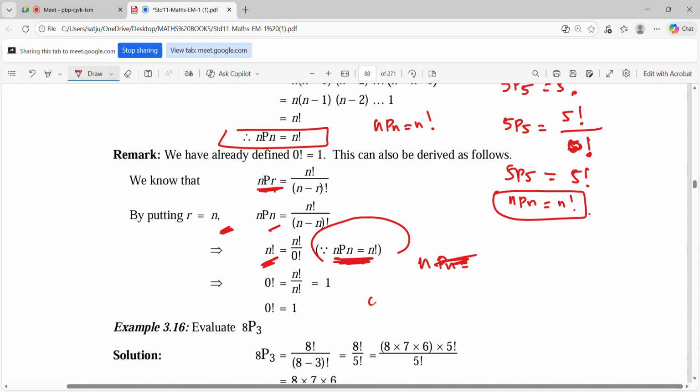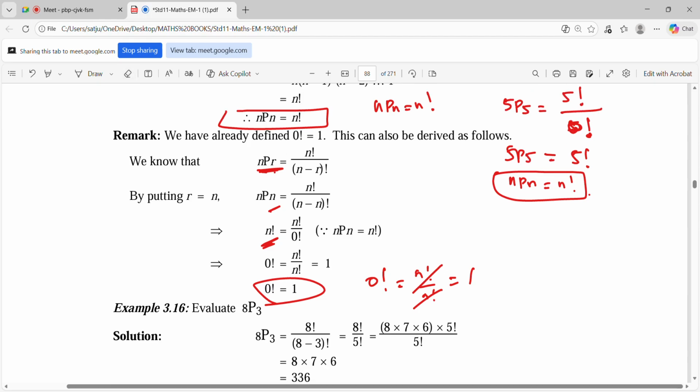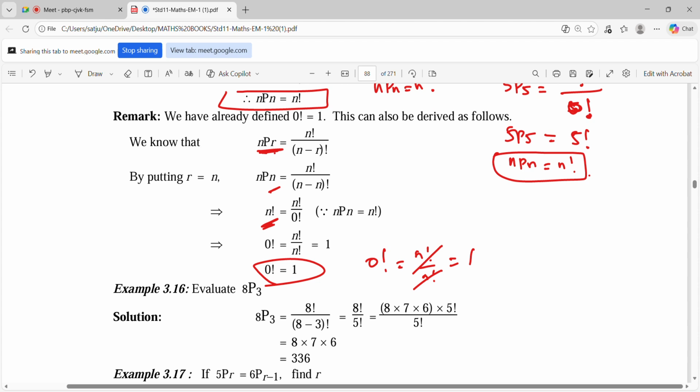Then cross multiply: 0 factorial is nothing but n factorial by n factorial getting cancelled, which is equal to 1. So that is the procedure to find out 0 factorial. Guys, getting? Some of you may have a doubt like why 0 factorial is equal to 1. So this is the procedure. Shall I move to the next?